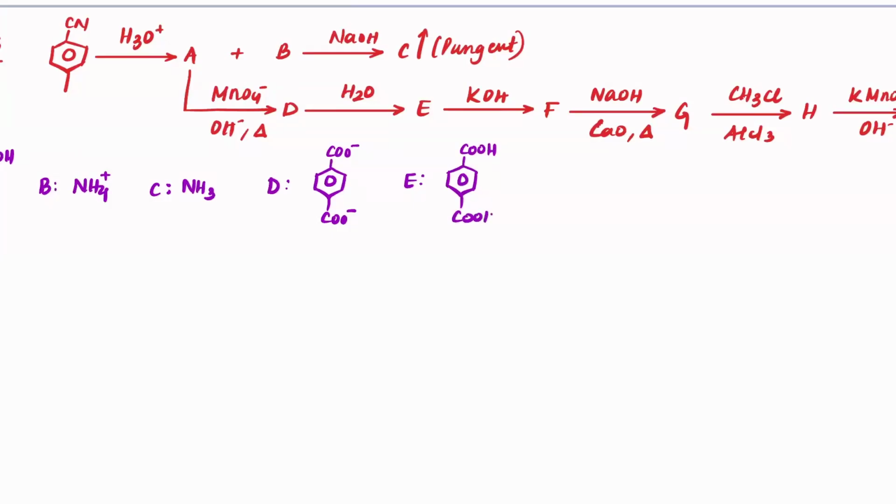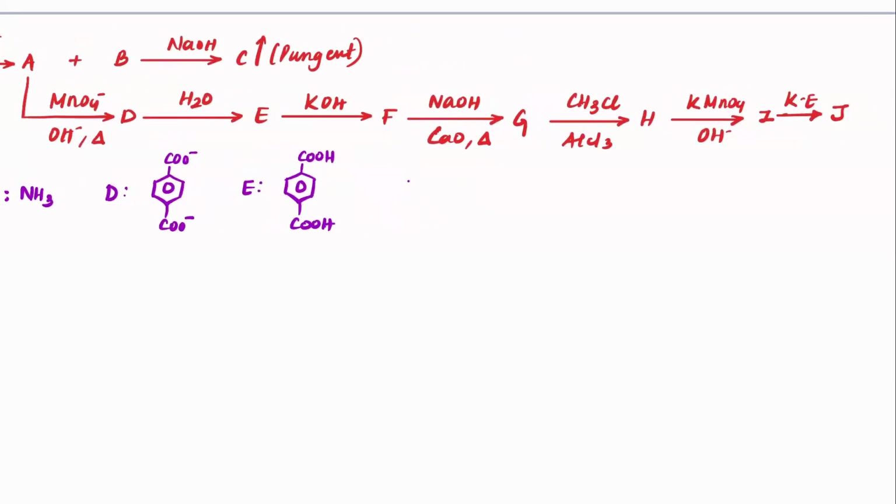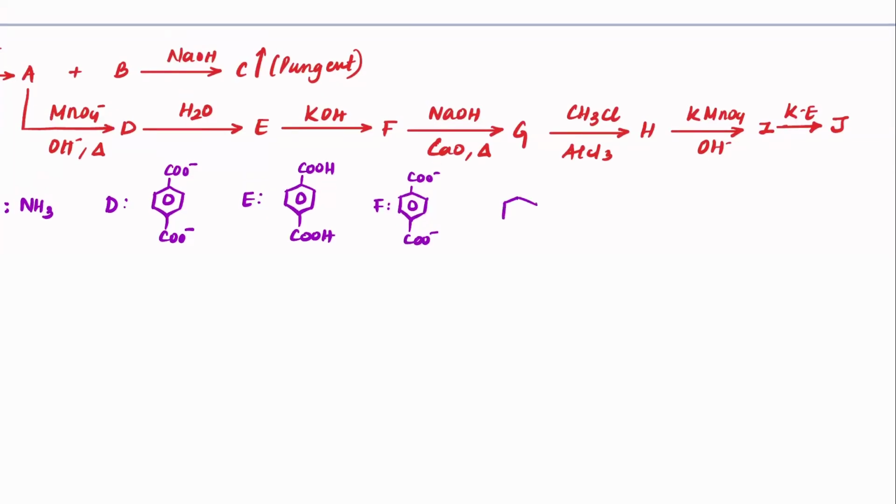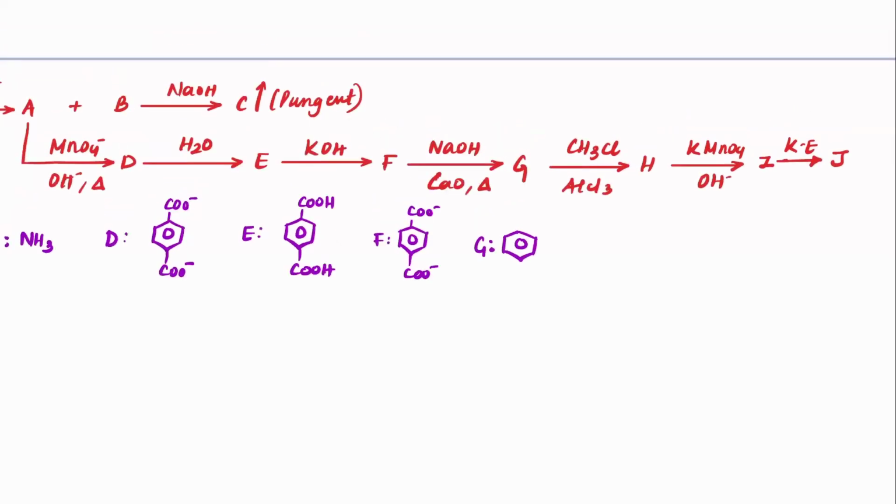This is terephthalic acid. F is again the same thing, we'll get this as COO minus and COO minus. This is F. F and D are the same. And then G is soda lime decarboxylation. So this is G, because CO2 will go away and you'll get benzene.